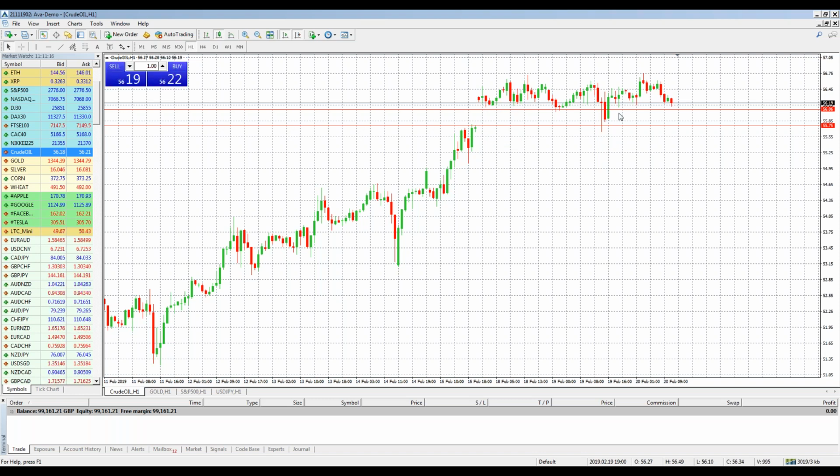But if you wanted to sell, we could talk about an ideal location where you might decide to sell. If it breaks this level, right, where it gapped up from, whatever news made it gap up over the weekend into Monday, if it breaks below that level again, what do you think that confirms?